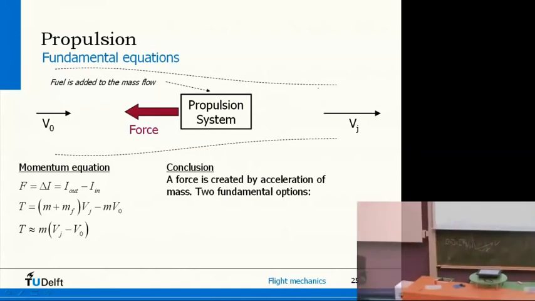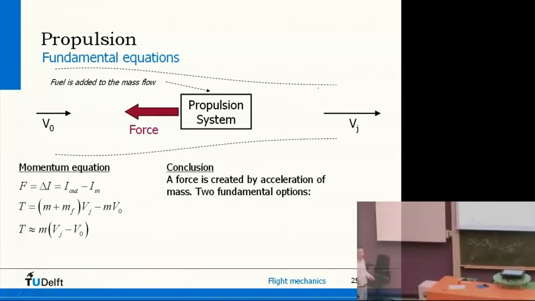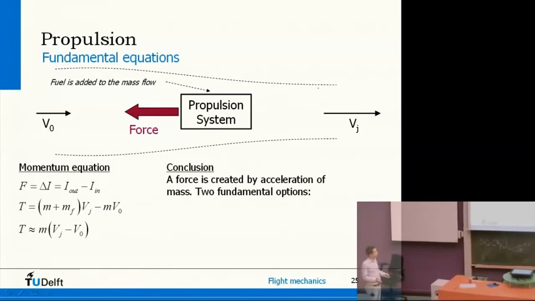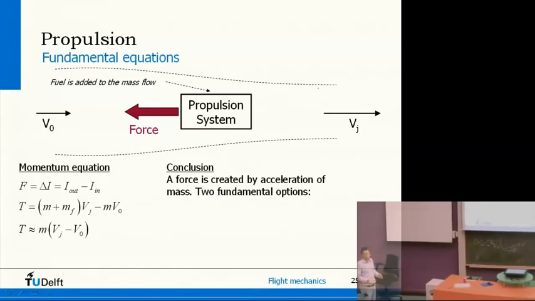Now, you can imagine that the amount of fuel that goes into the air is relatively small. So this term mf is something we can neglect, more or less. So we can say the thrust you create is in fact this mass flow multiplied with the change in velocity at the exit and the entrance of the engine.